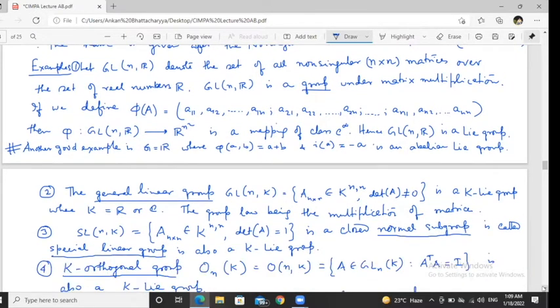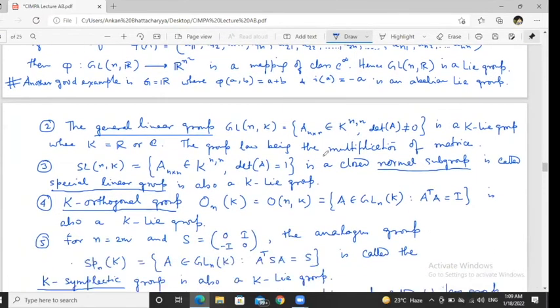This general linear group we denote in this way, general linear group GL(n,K), where K may be R or C. Here A is an n cross n matrix and determinant A is not equal to 0. We call it a K Lie group, where K may be R or C. The group law is the multiplication of matrices.